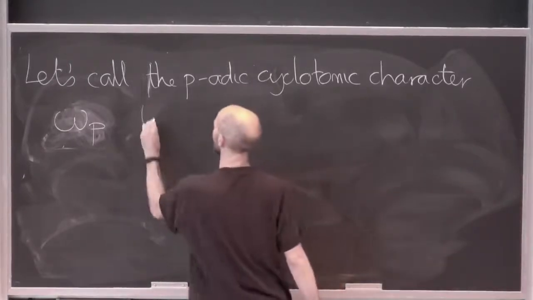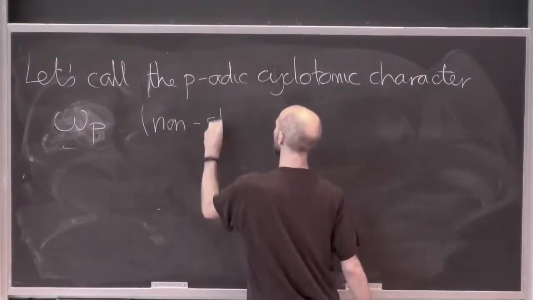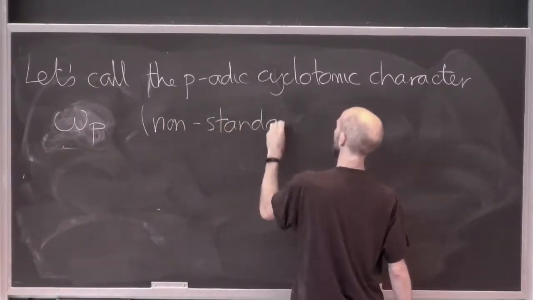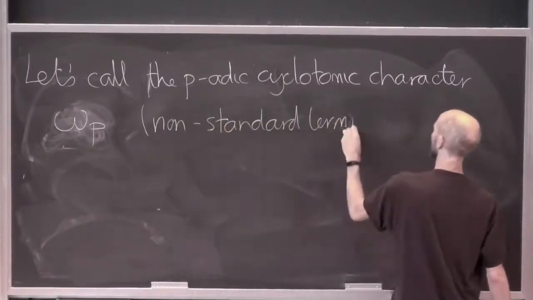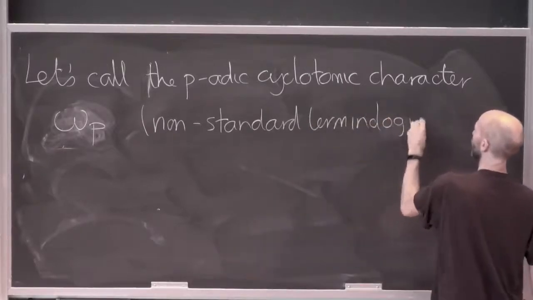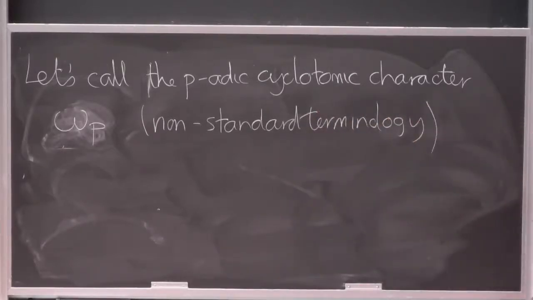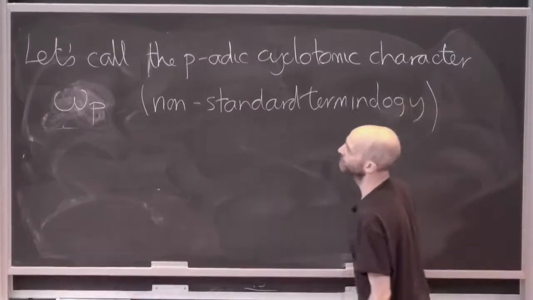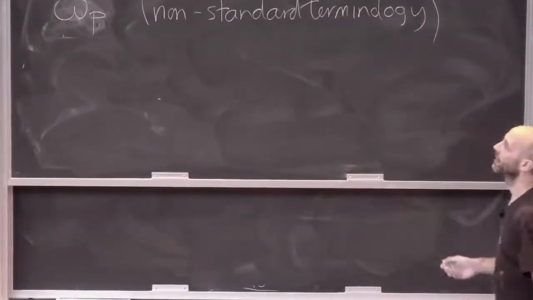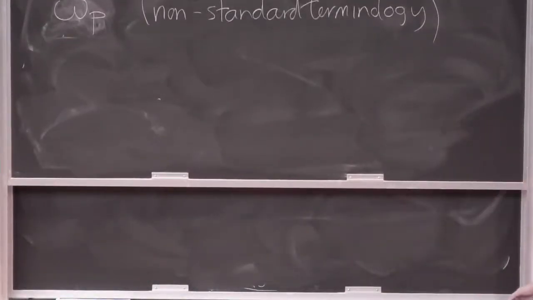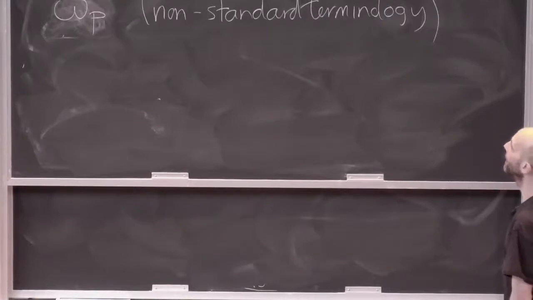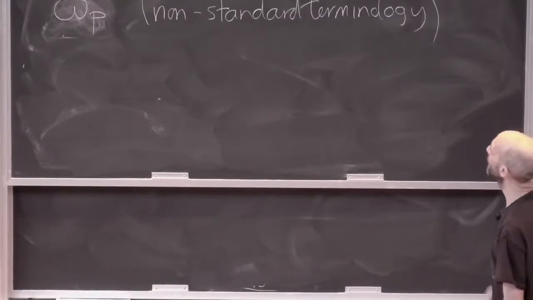This is non-standard terminology, but it works for me. The cyclotomic character is often called chi, but I'm going to spend most of the next lecture going on about random characters chi, none of which will be the cyclotomic character in general. I need chi to be a variable later, so I want to stay away from chi. So let's call it omega p.